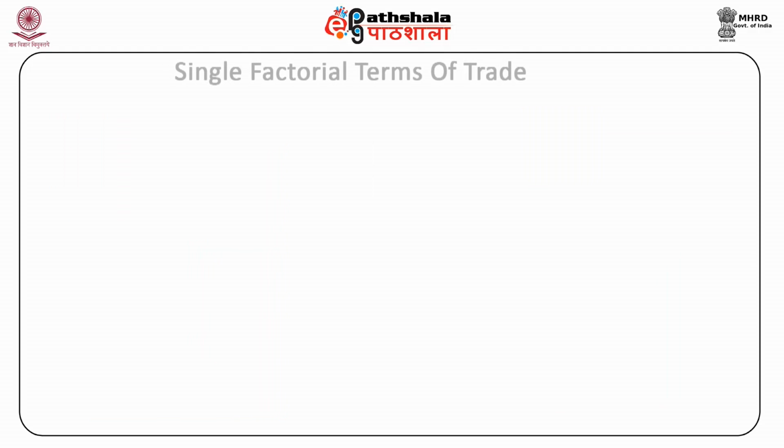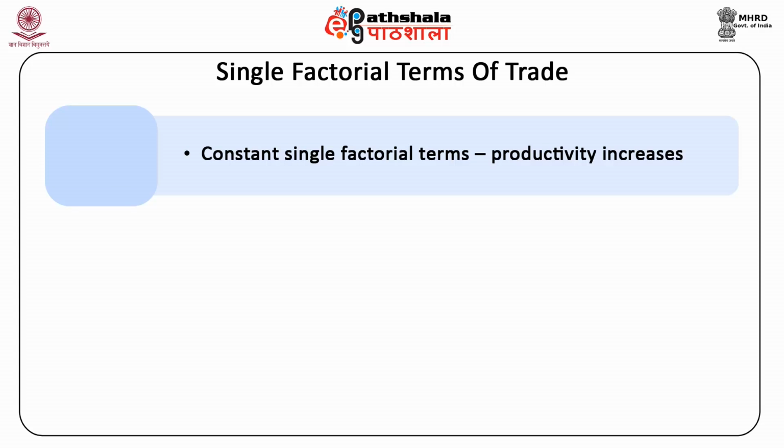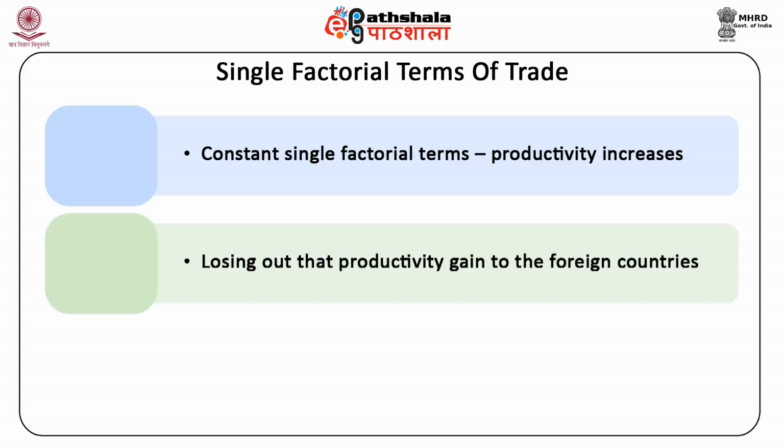Next is the significance of single factorial terms of trade as a terms of trade concept. It does not have much to do with the question of global inequalities. Constant single factorial terms indicate an effort by the country to achieve productivity increases within itself, but losing out that productivity gain to the foreign countries.